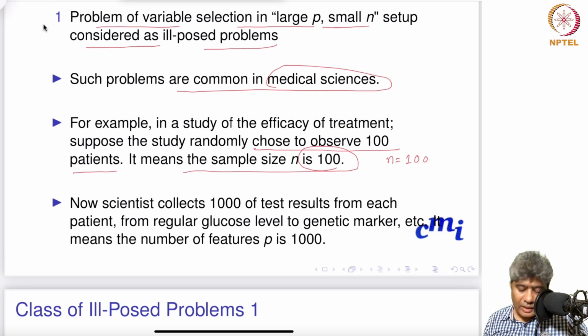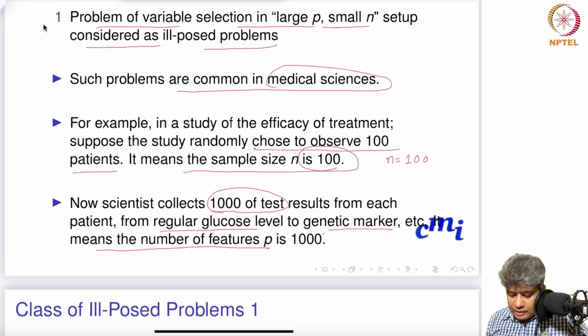Now scientists run thousands of tests on the patients, from regular glucose level to genetic markers, anything and everything that is possible, and collect the results of those tests. Those are the features of the problem.